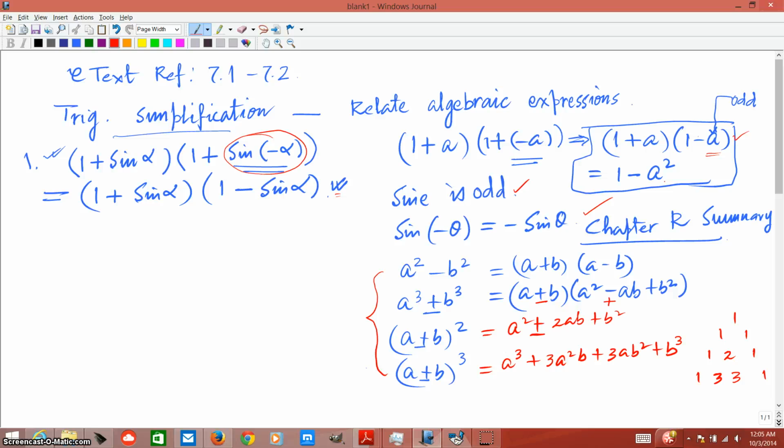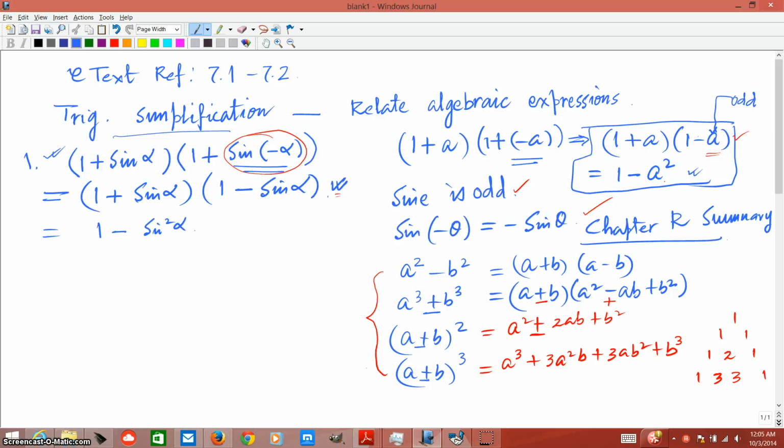Okay. Now, when I'm trying to simplify these factors, notice I'm going to write it down just like my algebraic expression, just like this one. I'm going to write down 1 minus sine square alpha.